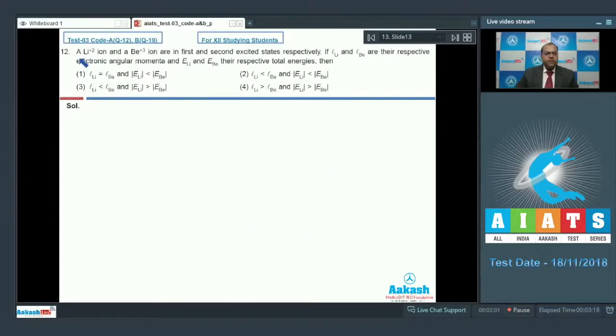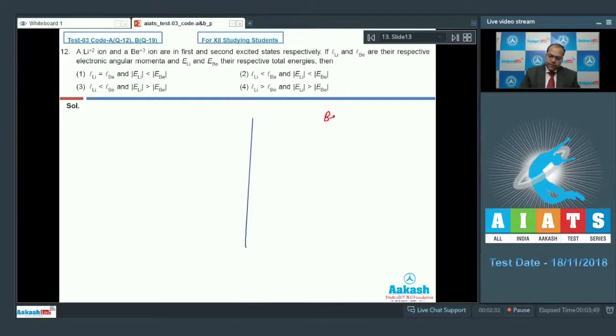In question number 12, a Li plus 2 ion and a Be plus 3 ion are in first and second excited states respectively. If L of Li and L of Be are their respective electronic angular momenta, and E of Li and E of Be their respective total energies, then we have to compare them.